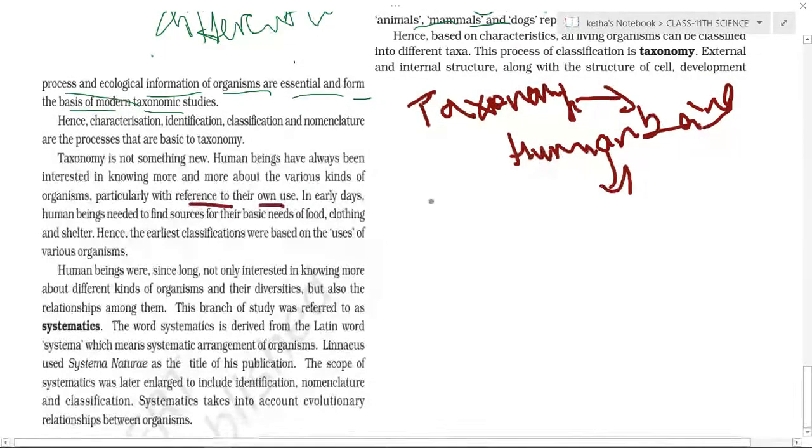For our convenience, for our needs, we are going to use various kinds of organisms, and so we want to know about them very well.